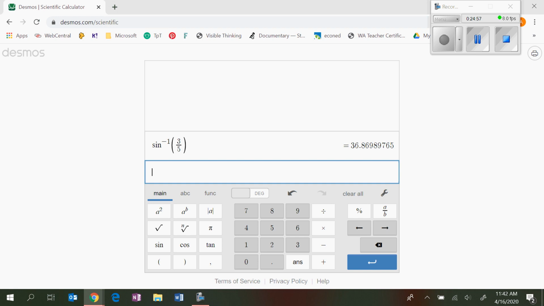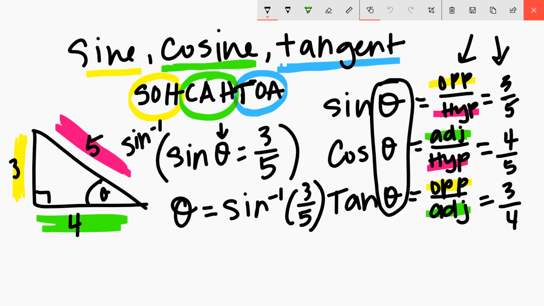Continuing on, if I ask you to round to the nearest tenth, we've got 36.9 degrees. So back here, theta is 36.9 degrees. So that Desmos calculator, or if you have your own scientific calculator, is going to be your best friend for trigonometry.